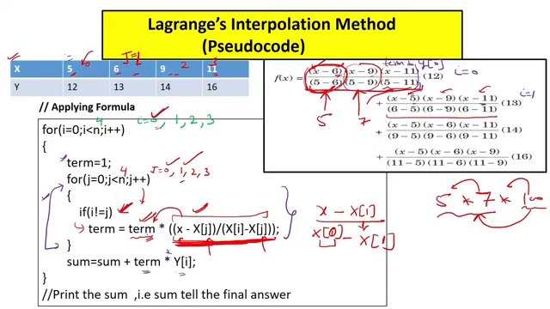So you will say if term is equal to 1, then only we will get the product of this term and this term equal to this one. This term should not be 0. So that's why I have used the initial value of this term as 1. So this total thing multiplied with this term will be saved inside this term. So term is consisting of this answer.